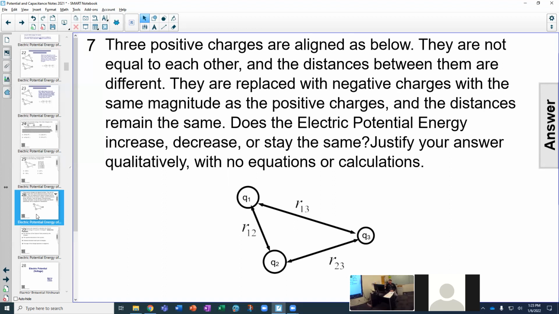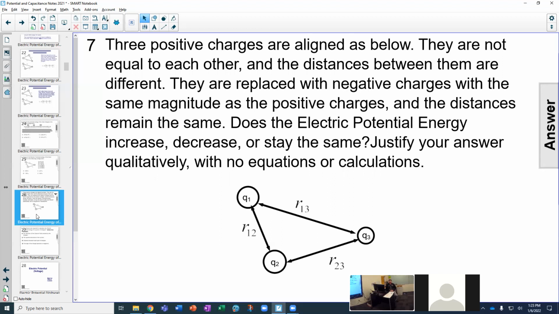Does the electric potential energy increase, decrease, or stay the same? Justify your answer, not using an equation, but more of a verbal answer. You're thinking mathematically, but you're not going to write out an equation to prove it. They want you to talk it through conceptually.